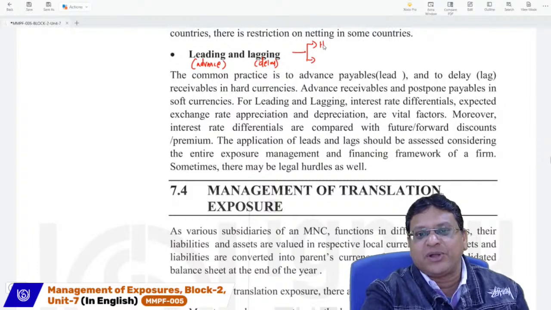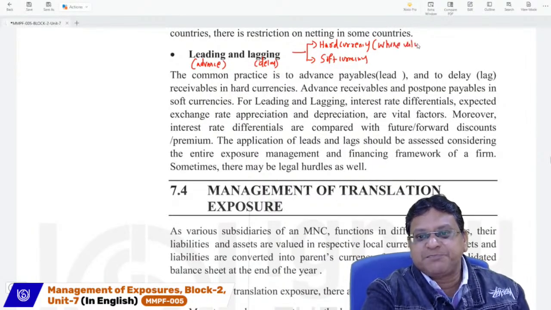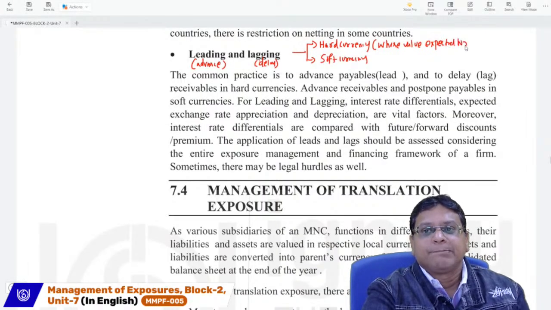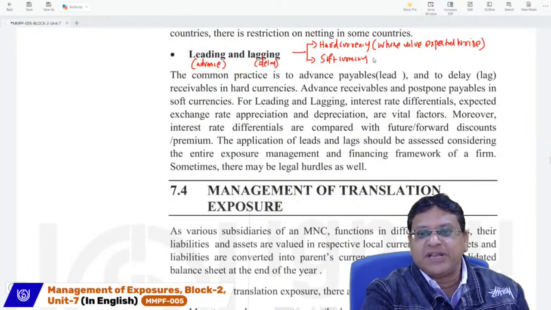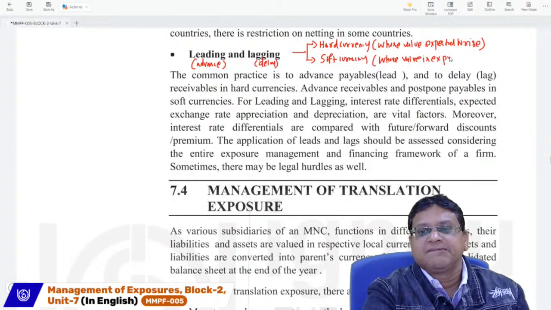One is hard currency, another is soft currency. What is hard currency? What is soft currency? Hard currency is the currency whose value is expected to rise, and soft currency is the currency whose value is expected to fall.